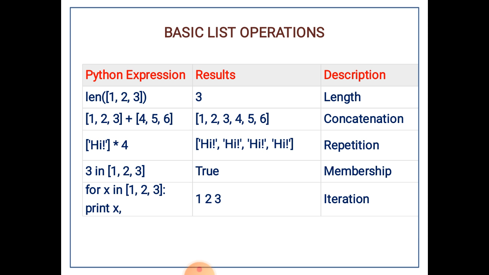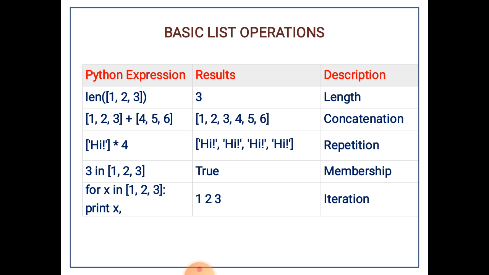So here as an example, we have concatenated 2 lists containing 3 elements each. The result of that plus operator is seen in the second column, that is all the 6 elements of the 2 lists have been concatenated into one list.